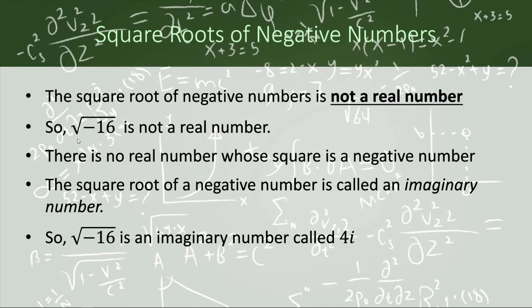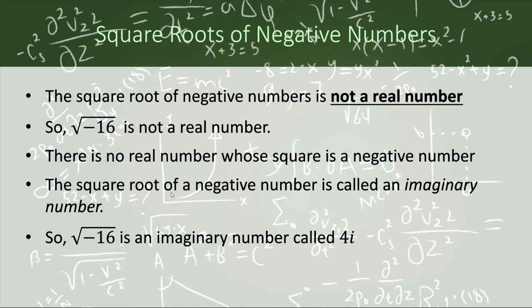So basically, the square root of -16, since that's the one we've been playing with, is not a real number. And why is that? Because there is no real number that if you square it will produce a negative number. Whenever you take a number, no matter what it is, and multiply it by itself, you're always going to get a positive number. Accordingly, there is no way the square root of a negative number can have a real number for a solution.